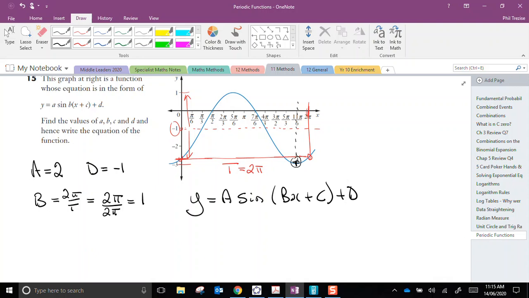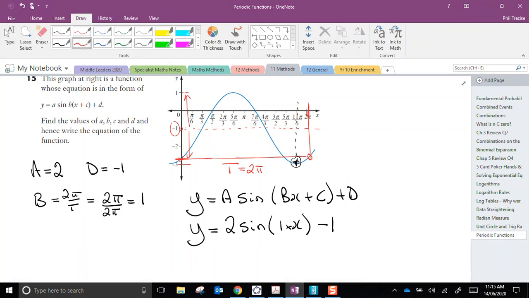Where would my base function be if I just went y equals 2 sine of b, which is 1, times x, leaving the c out for a minute, minus 1? So where would that function be? Well, it would have the same equilibrium, the same period, and an amplitude of 2.